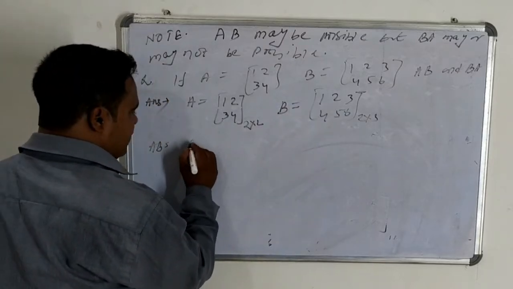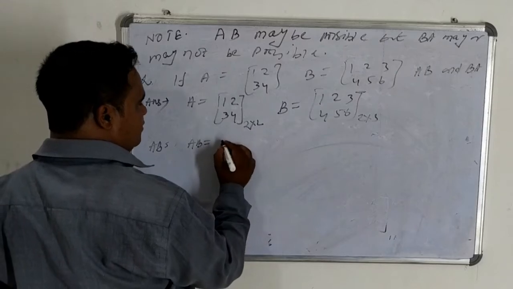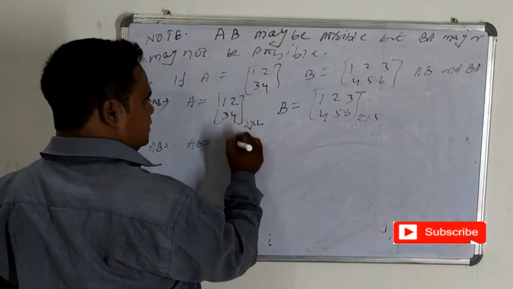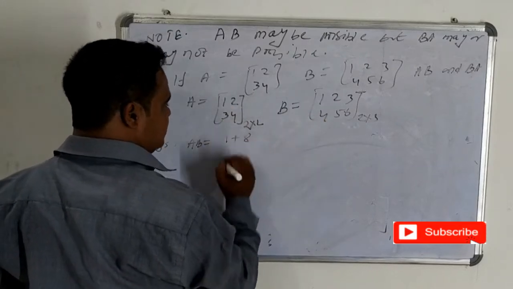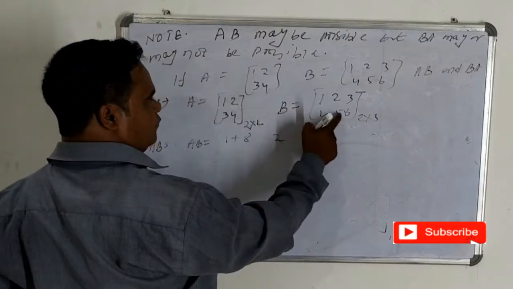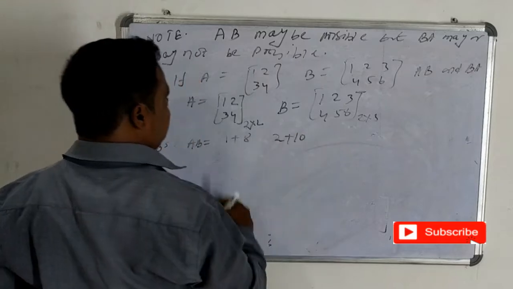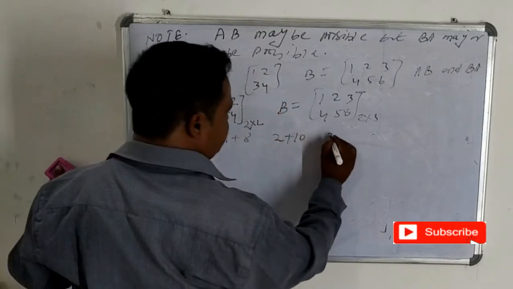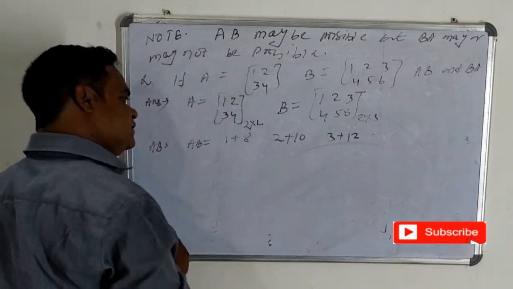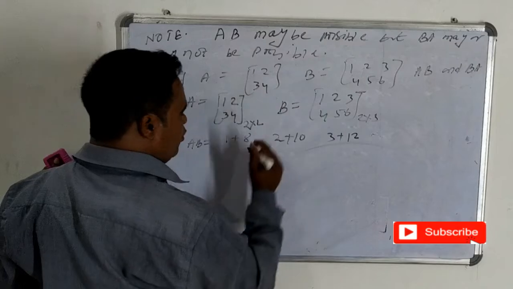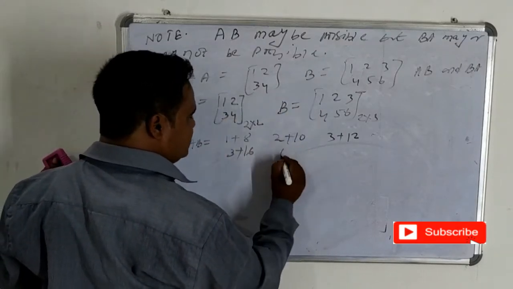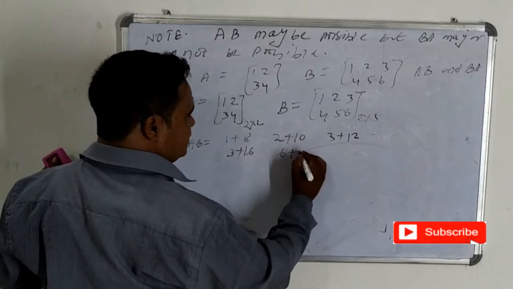Okay. So here now find AB equals: 1 into 1 value is 1, plus 2 into 4 is 8. 1 into 2 is 2, 2 into 5 is 10. 1 into 3 is 3, plus 2 into 6 is 12. Okay, alright. Now 3 into 1 is 3 plus 4 into 4 is 16. 3 into 2 is 6, 4 into 5 is 20.